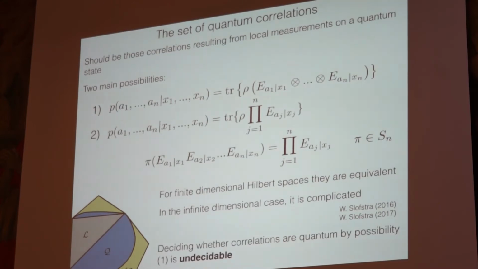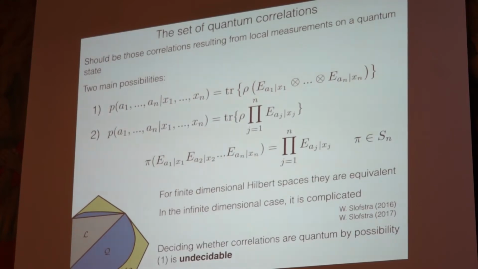So for instance, one result is, if we take definition 1 as our definition of quantum correlations, that deciding whether correlations are quantum by this definition is an undecidable problem. I give you some conditional probabilities and you have to say, does there exist a quantum realization of that thing?